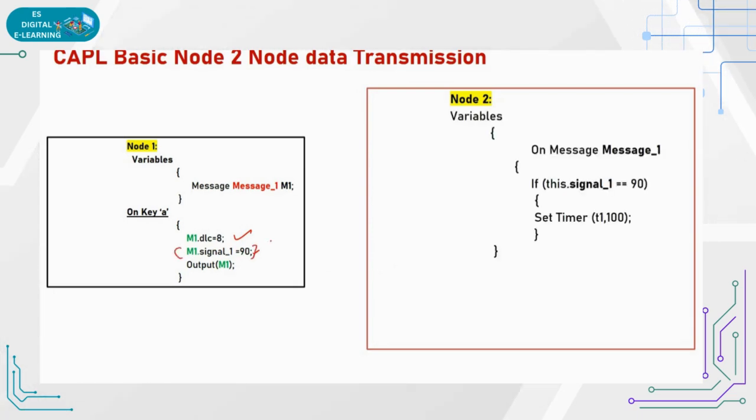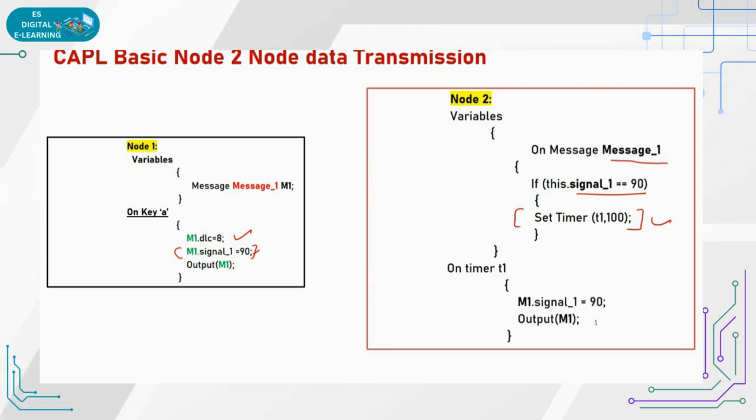In the other node I created an on message, this is the other message, and whenever this signal, signal underscore 1, is matched with 90, then the set timer will be activated, then the message will start moving. This is the 2 node communication, meaning you need to understand how these signals are able to be accessed from one node to another node within the programming. This is also one important concept you need to understand line by line for the interview.